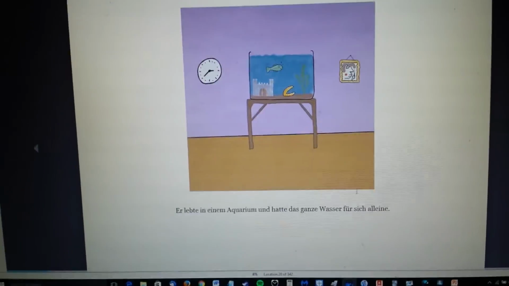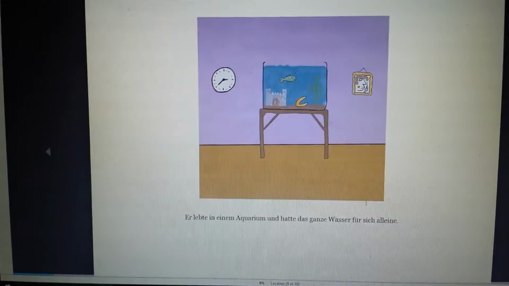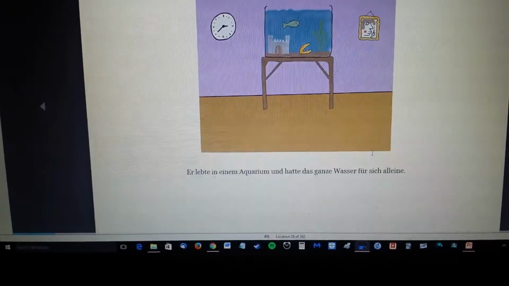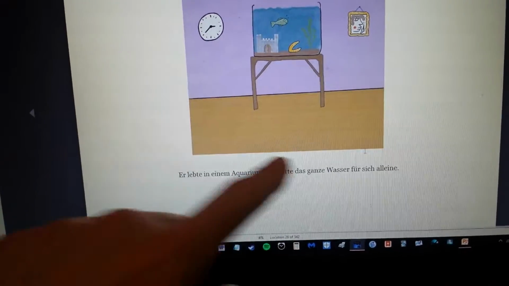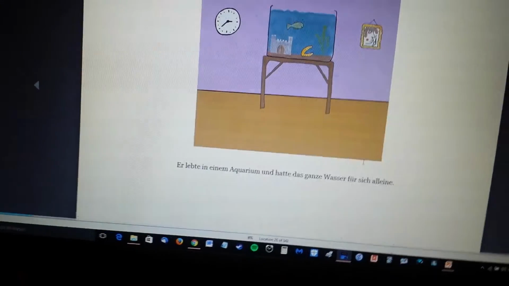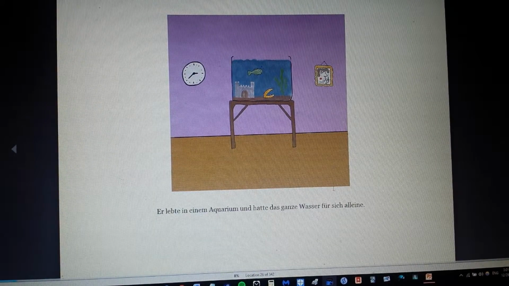Okay, so there he is in the aquarium, looking at the visuals. Obviously, aquarium is aquarium. Lebte, I know is he. Das Ganze, ganz is all. Wasser, water. Allein, all alone. So, kind of guessing the meaning here. He's in an aquarium, and he had a lot of water for himself.